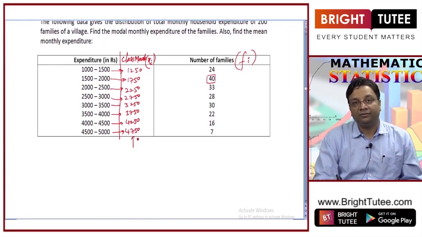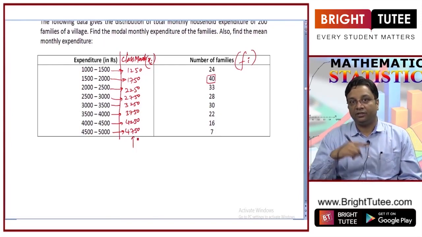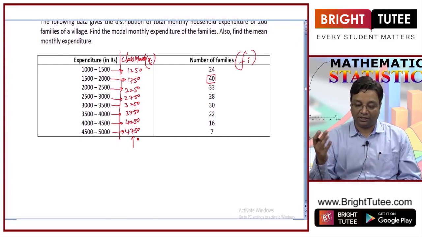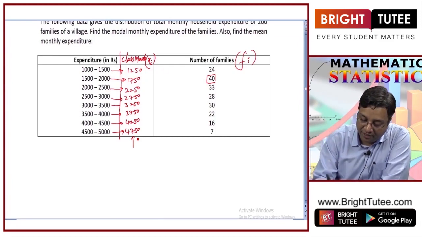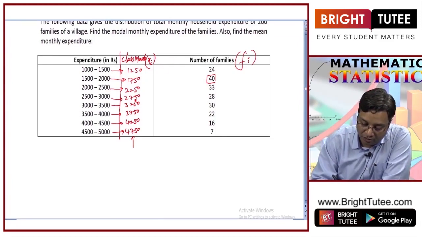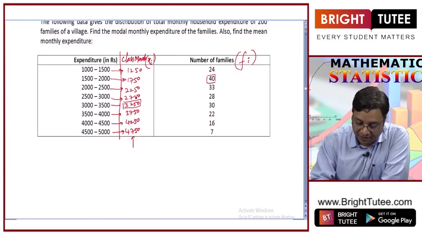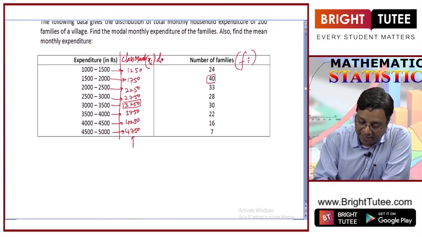So what do we do when we have big numbers? In calculation of mean, we would use the assumed mean method or step deviation method. So in this case, let us first of all assume a mean. Let us assume 3250 as our mean. So I'll calculate di by subtracting 3250 from these numbers.